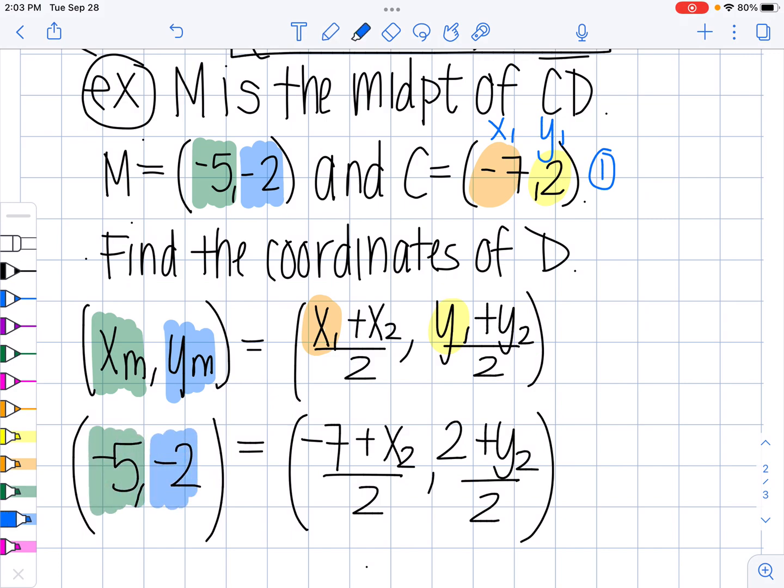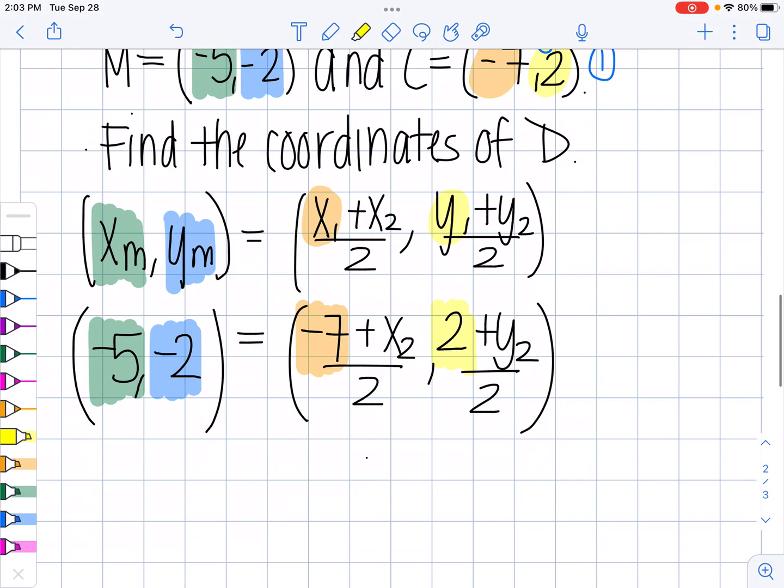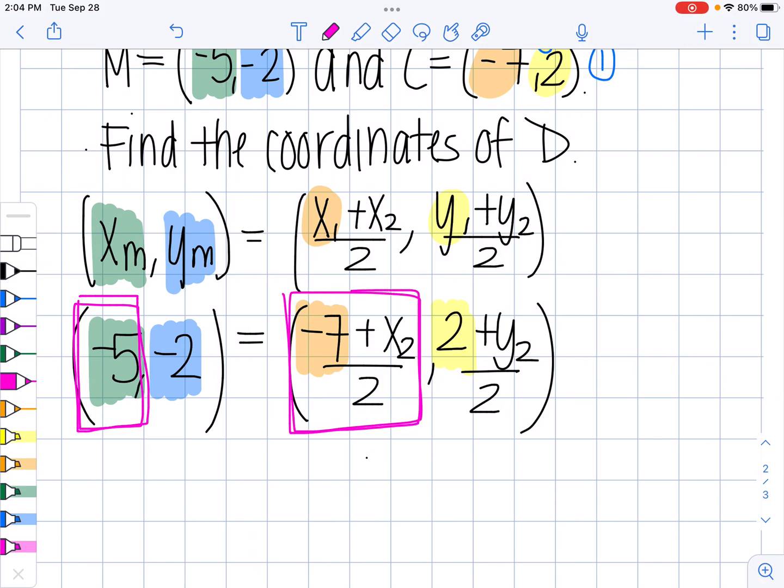So now, in order to find my missing endpoint, I use my x values together.